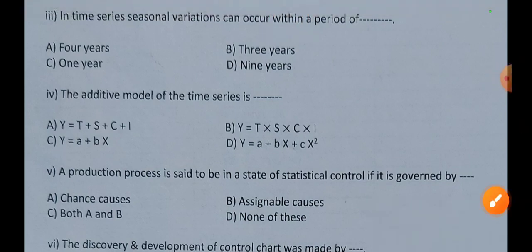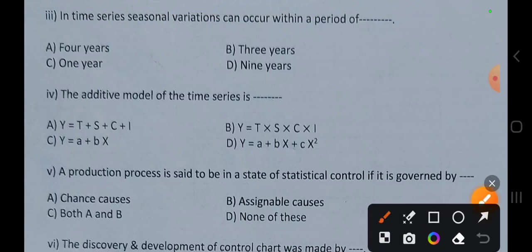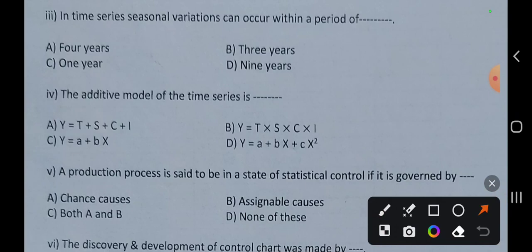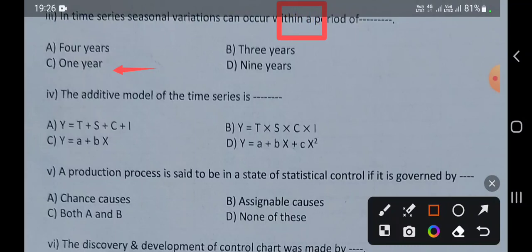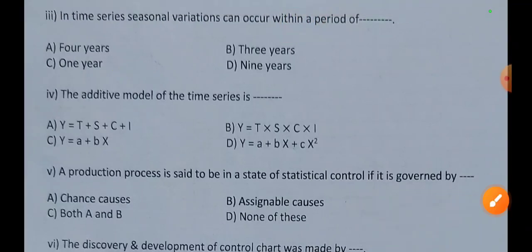So within a period of, the correct answer is 1 year. The options are 4 years, 3 years, 1 year and 9 years. So in time series, seasonal variation can occur within a period of 1 year.